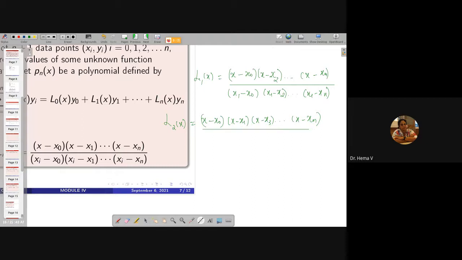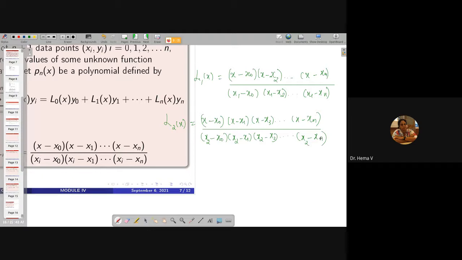Now what about the denominator? In the denominator, instead of x you have to put x2: x2 minus x0, x2 minus x1, then x2 minus x3, etc., going up to x2 minus xn, depending upon how many data values are there. Suppose you have only values up to x3, then we will go up to x3 only.